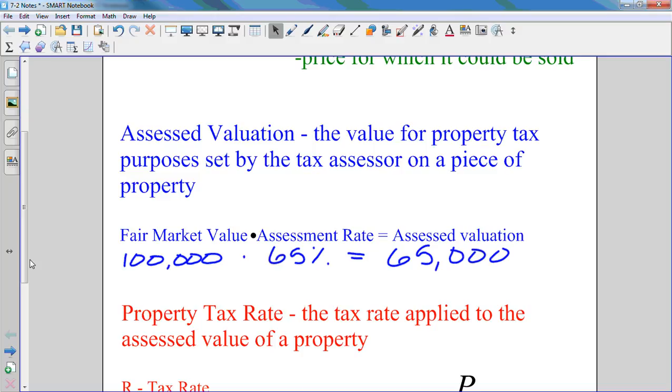Suppose that my assessment rate is 65%. So I take my fair market value and multiply by 65%, and I have to pay taxes on $65,000 of the $100,000. I don't have to pay $65,000, but that's the amount that is taxed. The assessed valuation, or the assessed value.